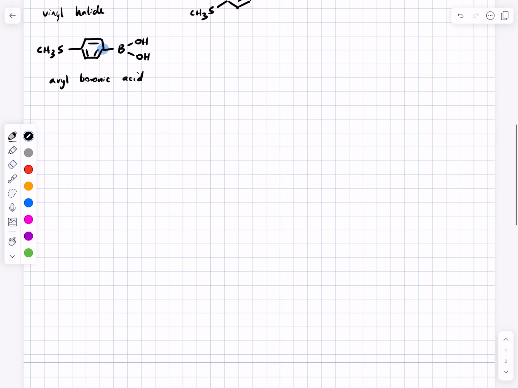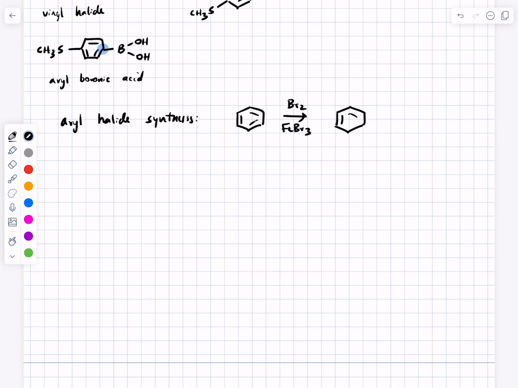So, aryl halides we can get from aromatic rings by electrophilic aromatic substitution using chemistry that we talked about in a previous chapter. So synthesis of aryl halides is pretty easy.